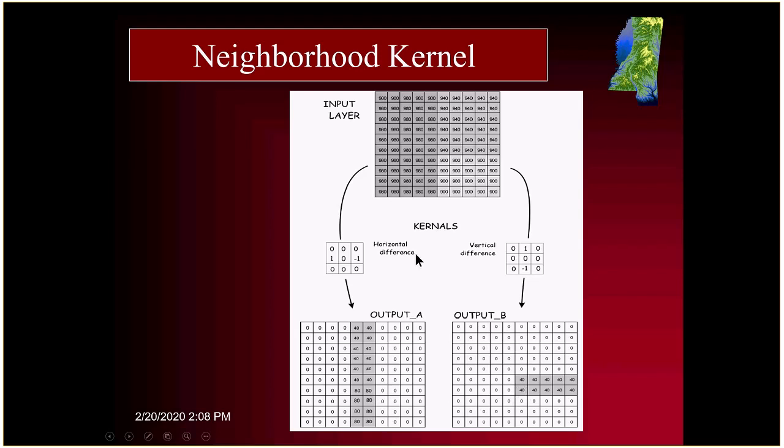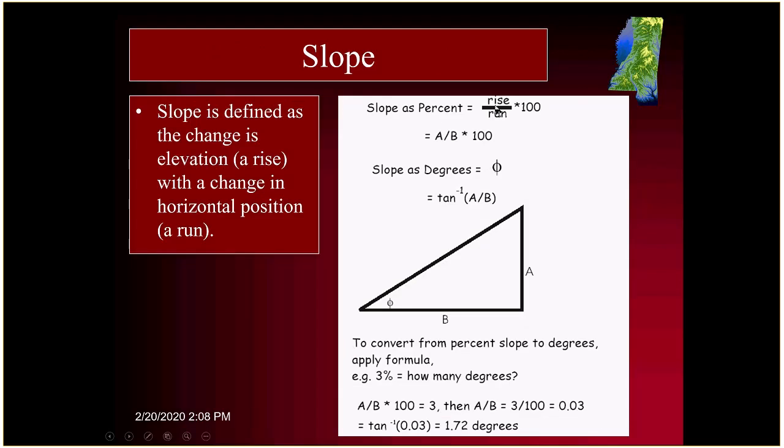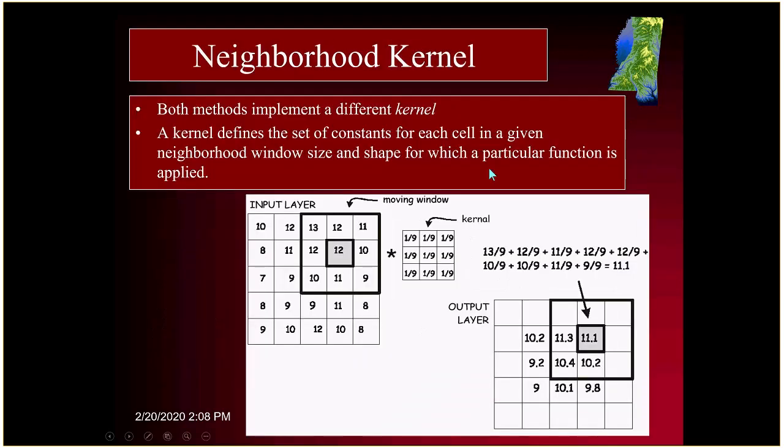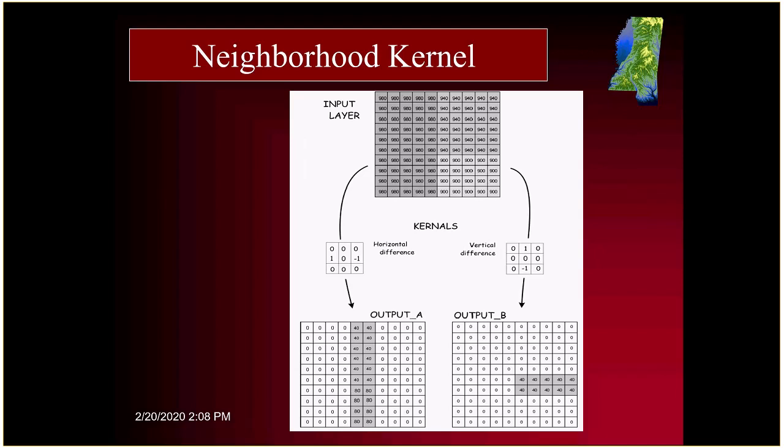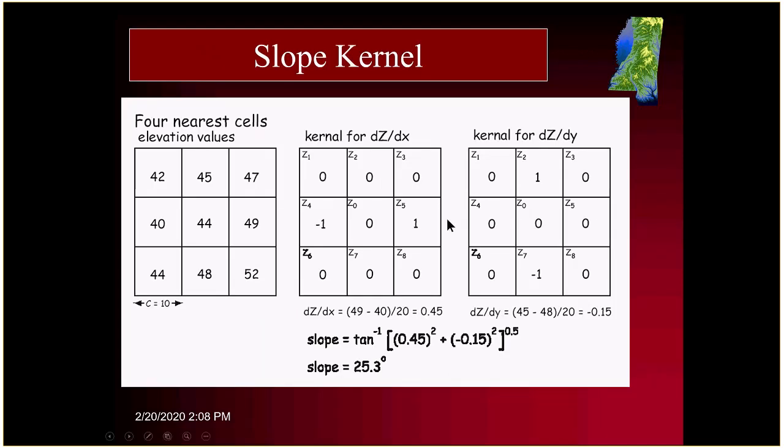So which one's the slope? Because in this direction, the rise was 80, and in this direction, the rise was 40. So which one's the rise that we want to use? Well, the way it's implemented in GIS software packages is that in the XY dimension we take that value, and in the north-south direction we also take that value.